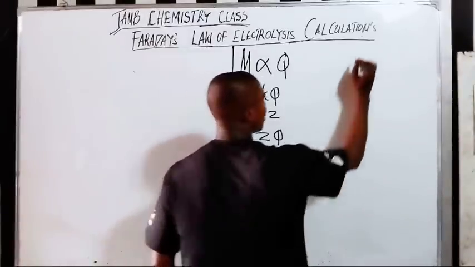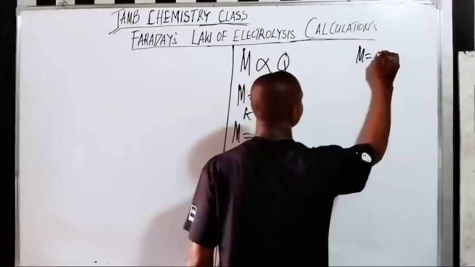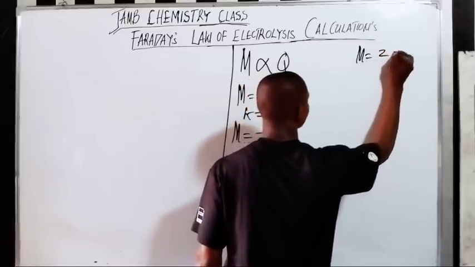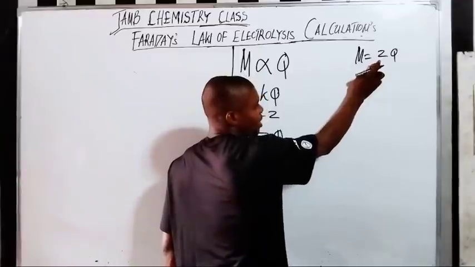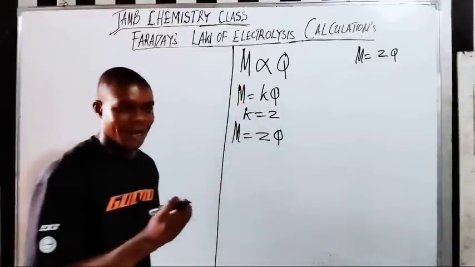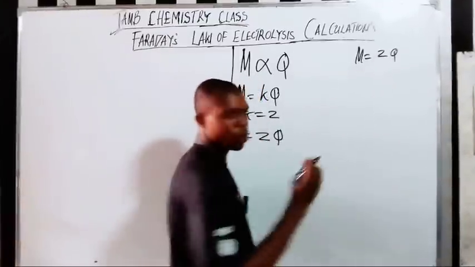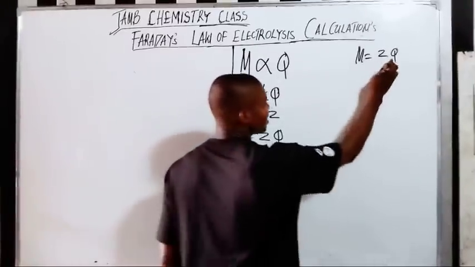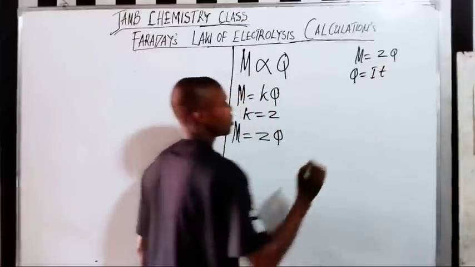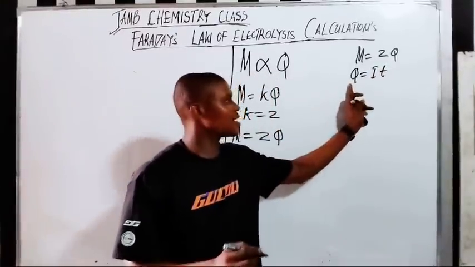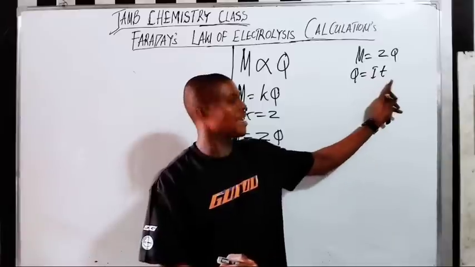So we have to place it here: M equals Z Q, where M is the mass, Z is the electrochemical equivalent, and Q is the quantity of charge, or quantity of electricity. This Q is also the same as I T. So quantity of charge is equal to current times time.